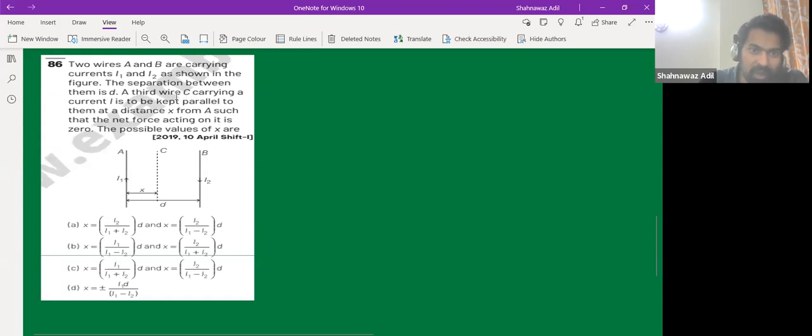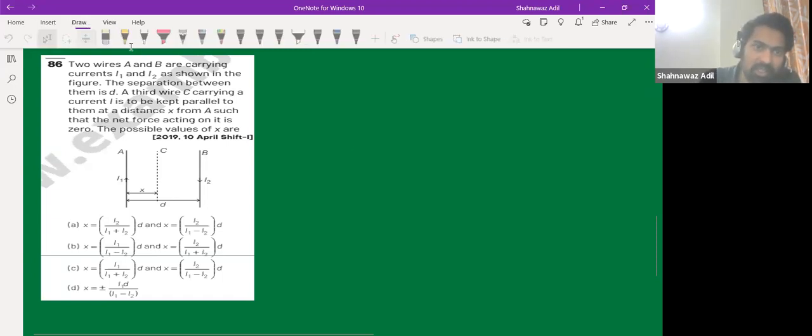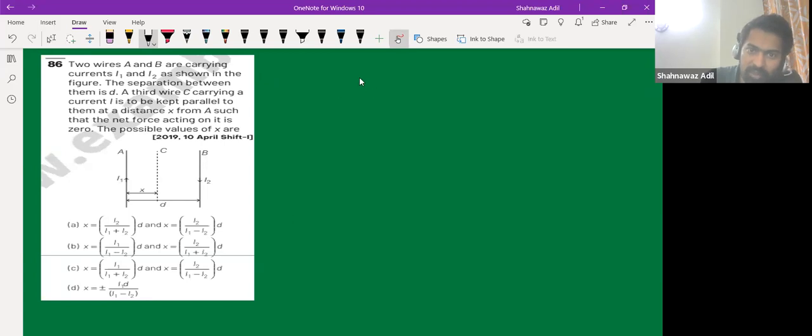So a third wire carrying a current I is to be kept parallel to them. So at point C we have to put a wire, right? So we have this thing, right? So let's say we have one wire, and this is I1, right? We have another wire which we have to place.